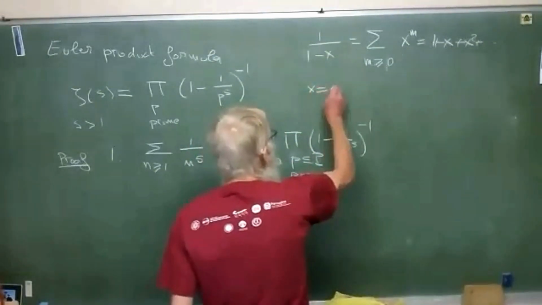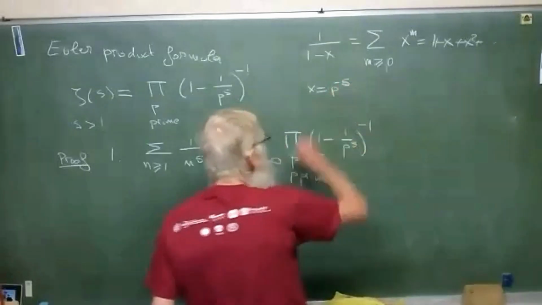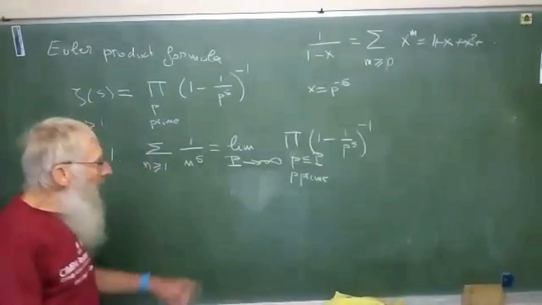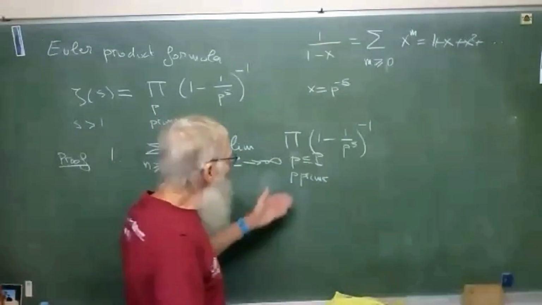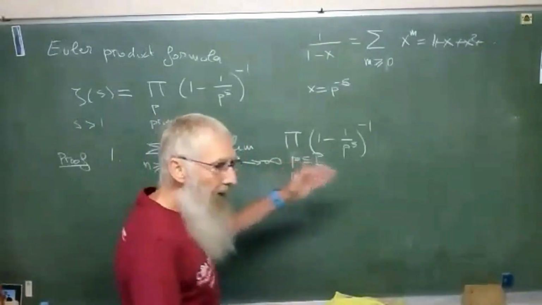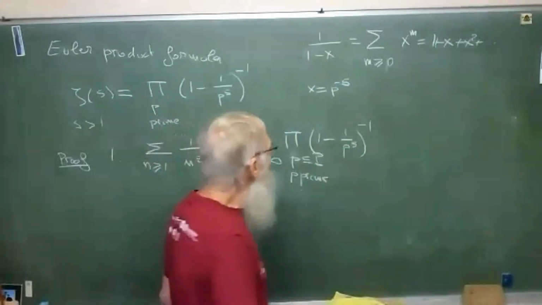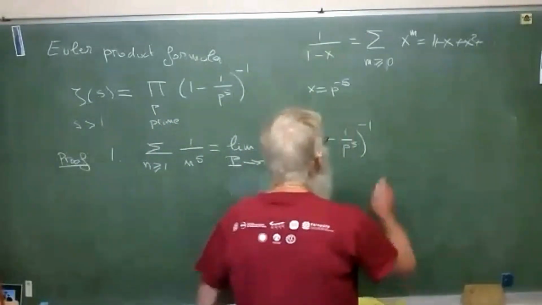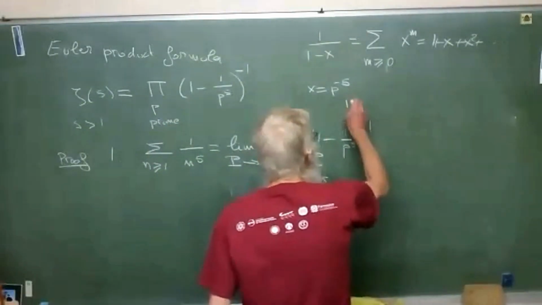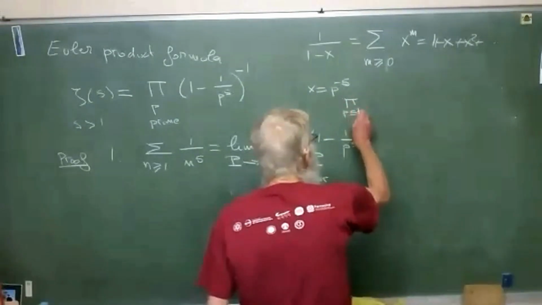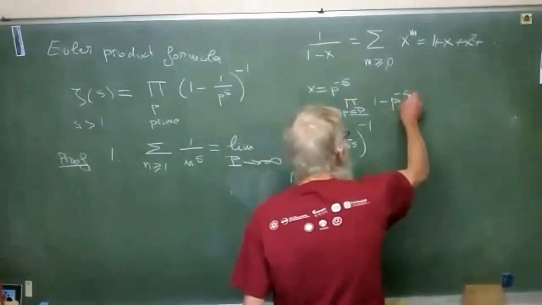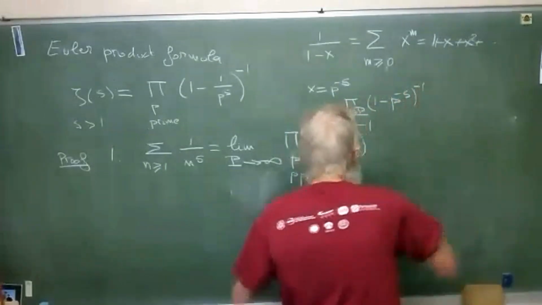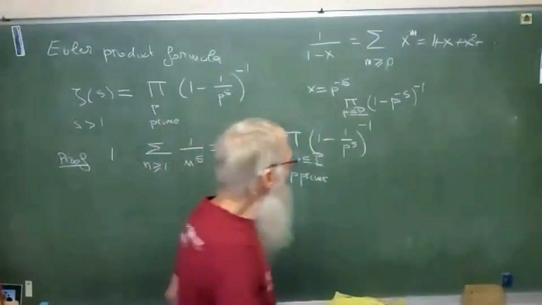So we take x equal to p to the minus s. And we have to make a product. So we write this product by taking p equal to 2, 3, 5, and so on. So the finite product, the product for p less than or equal to capital P of (1 minus p to the minus s) to the minus 1, is this product here.